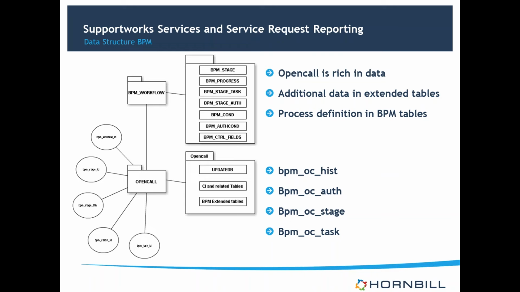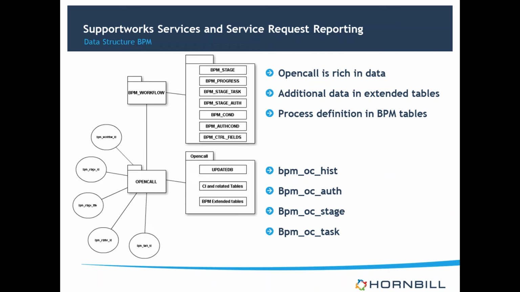Okay, so what you can see on your screen at the moment is the BPM workflow table on the top left and the related tables on the right, the list of boxes, and everything that's got the prefix of BPM is the business process tables.